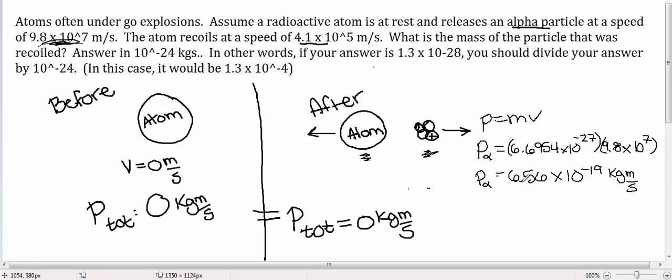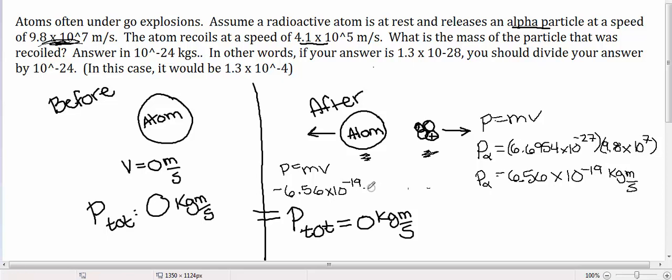So now let's solve for the mass of the atom. The equation, again, is P equals mv, where P is the momentum of the atom. Remember, it's just going to be the same in magnitude as the alpha particle, but to the left. So I'm going to put negative 6.56 times 10 to the negative 19.